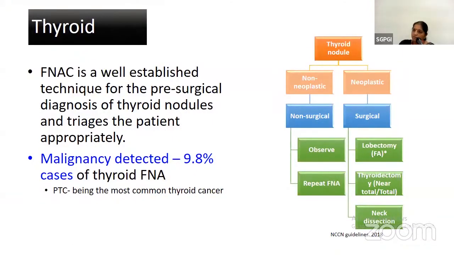So with this, we move on to the thyroid, which is the most important focus, I think, of this talk. We discussed a lot of thyroid the whole of yesterday, a lot of histopathology of the thyroid. But actually, we put in the needle first, isn't it? We provide the pre-surgical diagnosis as cytopathologists. Unless we do the FNAC and give a report, the surgeon is not going to take out the thyroid for the histopathologist to see.